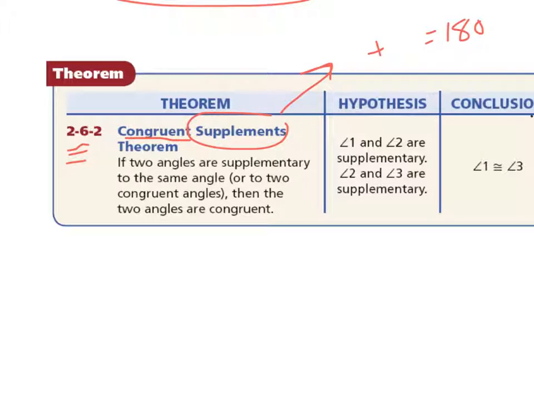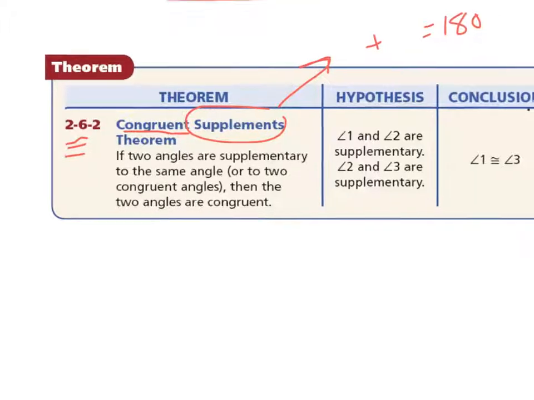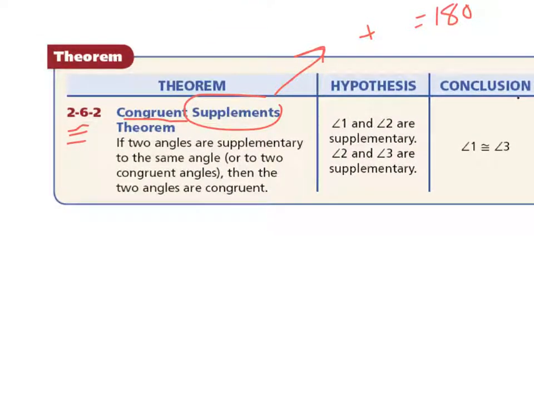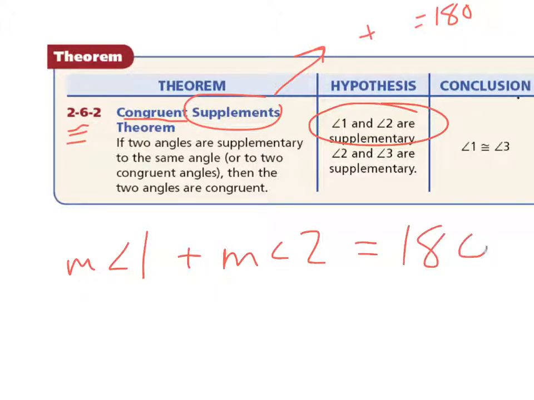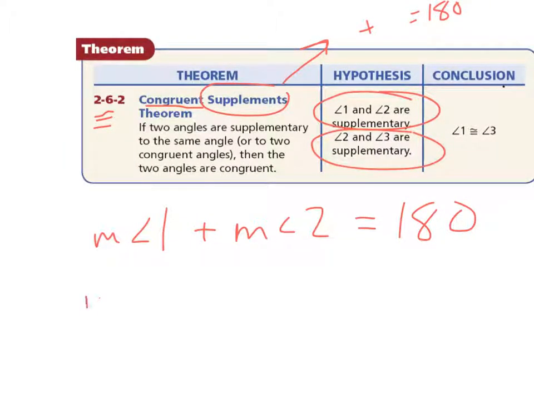So if two angles are supplementary to the same angle, then the two angles are congruent. So angle 1 and angle 2 are supplementary. So what do we know about angle 1? Well, what do we know about the measure of angle 1 and angle 2 if they're supplementary? That they add to 180. And then we have the measure of angle 2 and the measure of angle 3 are supplementary. So these two add to 180 also.